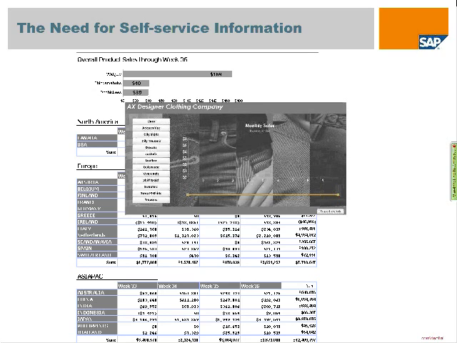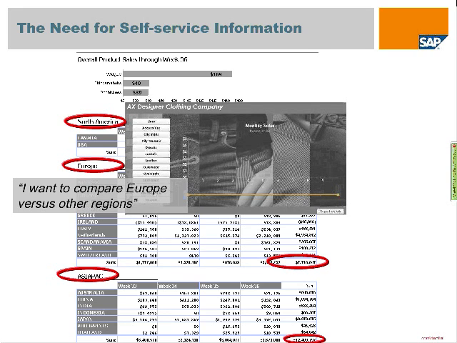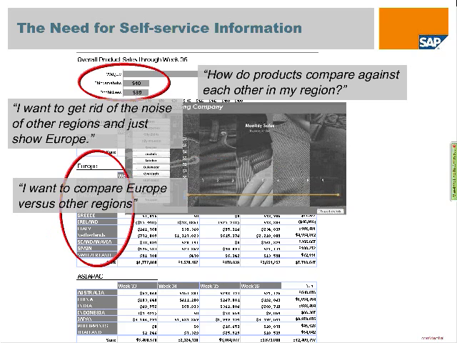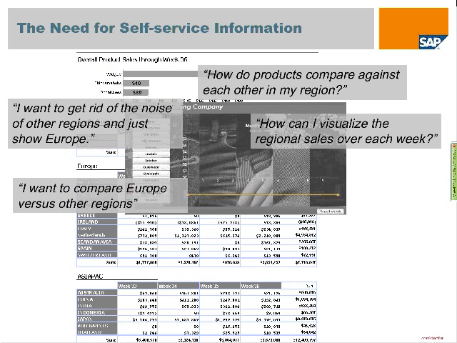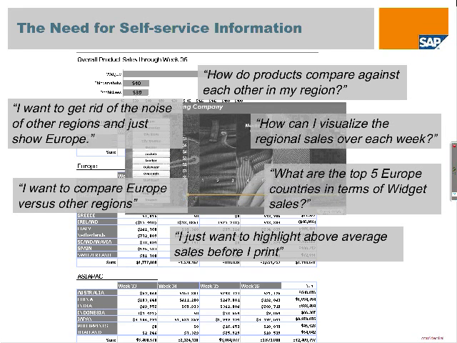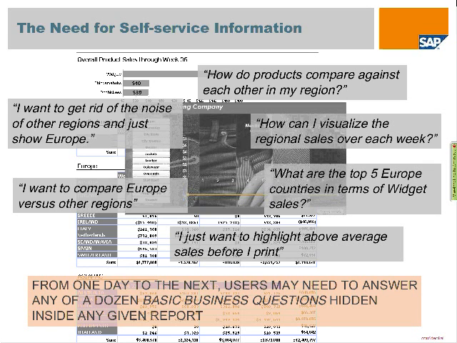For example, halfway through your report or your dashboard analysis, you may realize that you need additional data to tackle questions like, I just want to see the data for Europe, or I just want to get rid of the noise and see how my data compares across different regions, or how can I visualize regional sales over each week, or what are the top performing countries or stores in my region, or how do I get the average sales value for my product.